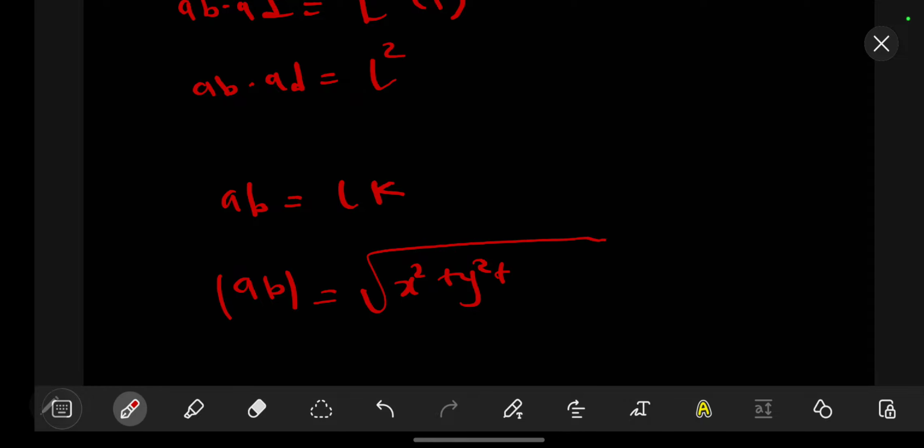So this AB can also be written as AB equal to 0i, that's why it's not showing the i. It means it's 0 plus 0j, then we have plus LK, like that.